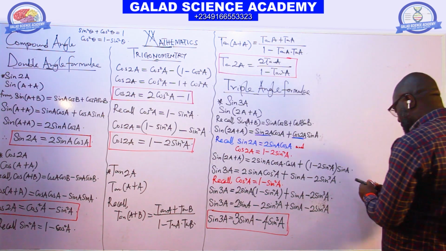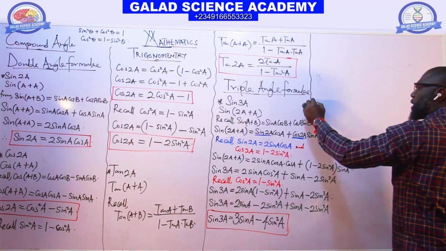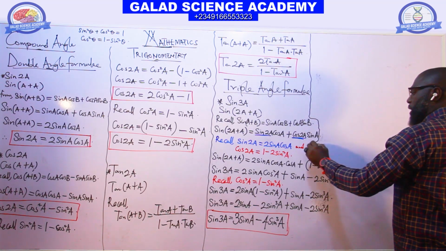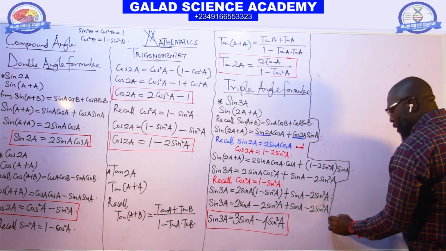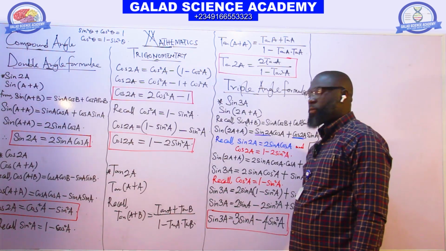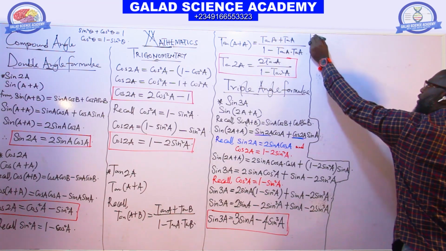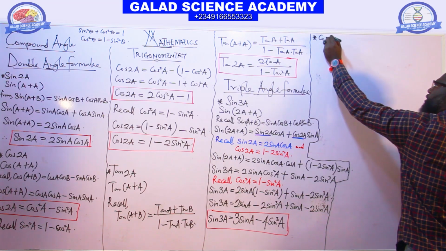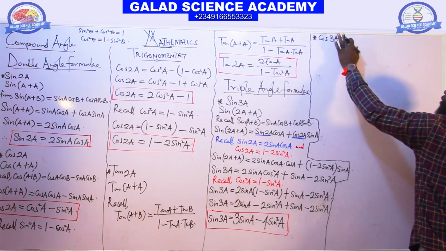So the next one is, let us look at the identity for cos. Let's check for cos 3A.